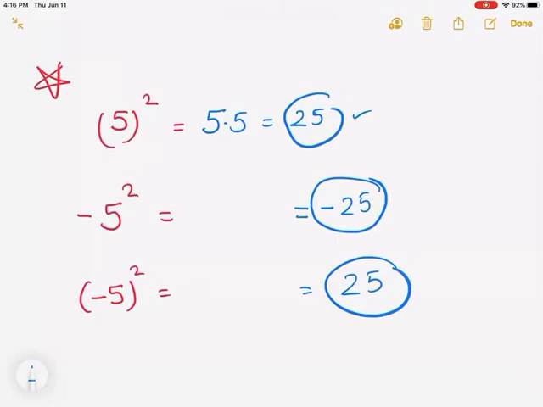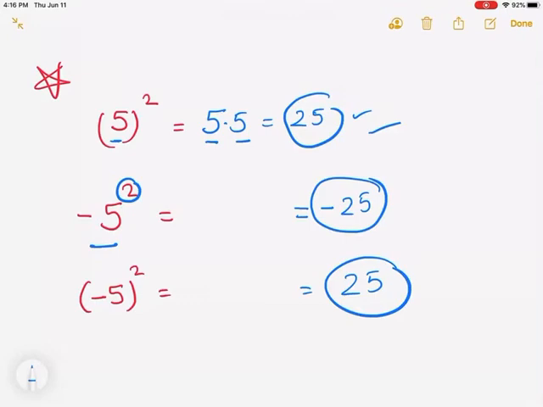That's what you really have to understand here. The first one was just a positive integer, so I multiplied it by itself, got my answer, done. Second one, this is something you really have to understand. This 2, with no parentheses, means the exponent goes with just 5, not the negative in front.